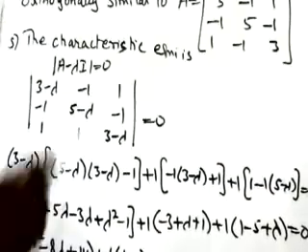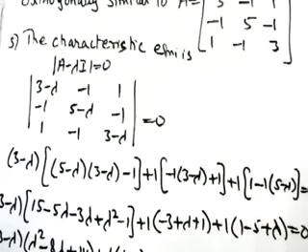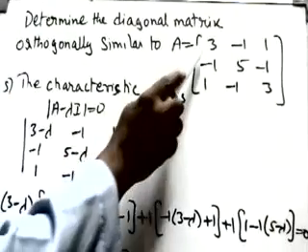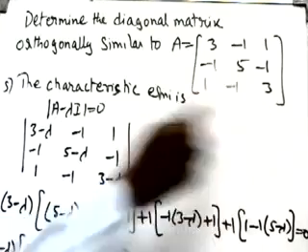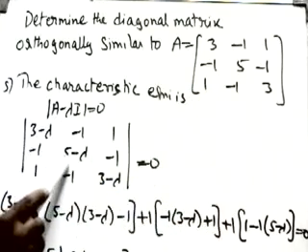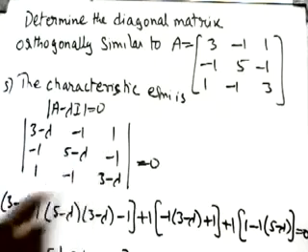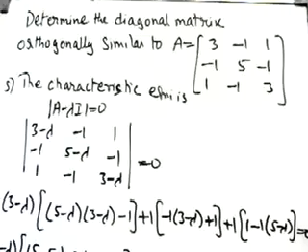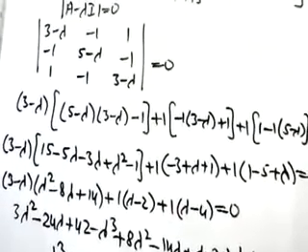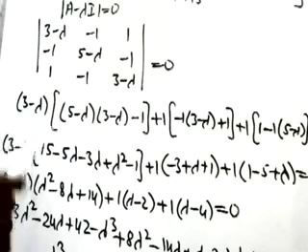To find the eigenvalues, we have the characteristic equation A minus lambda I equals 0. We already know what A minus lambda is. You just apply minus lambda to these three diagonal elements: 3 minus lambda, 5 minus lambda, 3 minus lambda, and write all the remaining numbers as they are. Now expand this determinant.